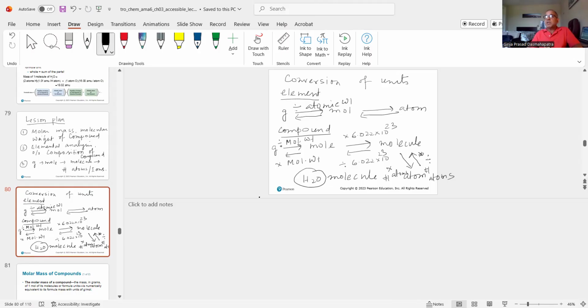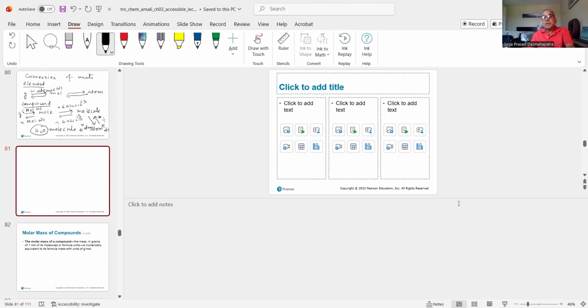One mole of a substance always contains Avogadro's number of particles. As I explained previously, in case of an atom, it will be Avogadro's number of atoms. In case of molecules, it will be Avogadro's number of molecules. So let me clarify one more time before we start solving problems.